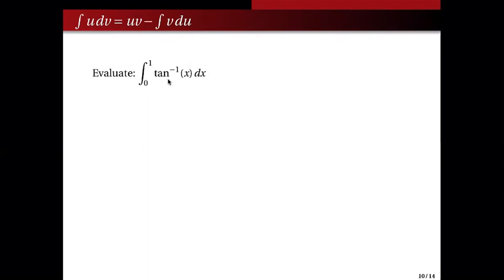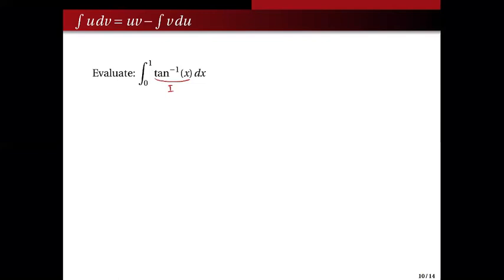So we use integration by parts first. Look at this. Again, it looks like there's only one function here, but there's a 1 times the inverse tangent. So 1 is the algebraic. This guy here, it's inverse trig. Correct?